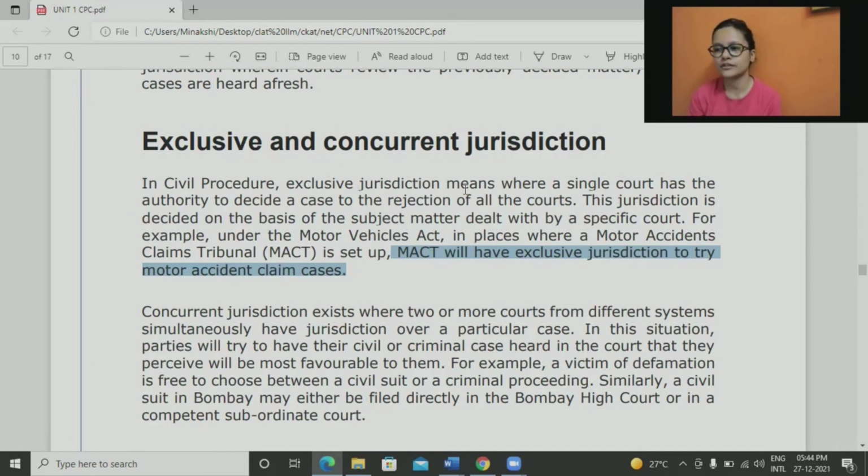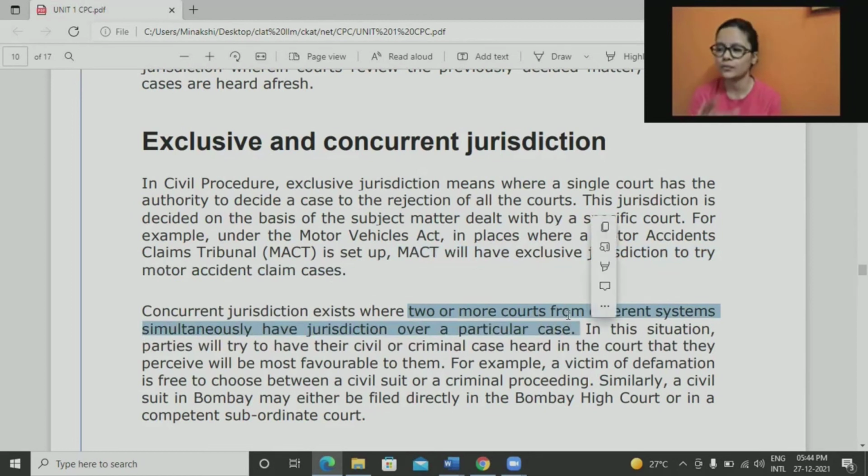What is concurrent jurisdiction? It means where two or more courts from different systems simultaneously have jurisdiction on a particular case. It's not like first you go to the lower court, and if you are not happy, you appeal to the High Court. Not like that.